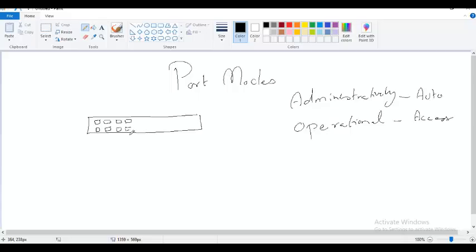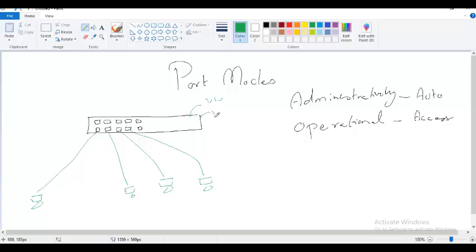When it is in auto mode, operationally, it is ready to provide service. It is not blocking any traffic. Even though the administrator has not done any configuration, it is operational, it is working. And the port is working for not all VLANs. You may have in the switch VLAN 10, VLAN 20, and then the default VLAN 1.